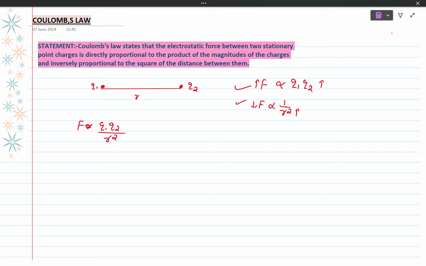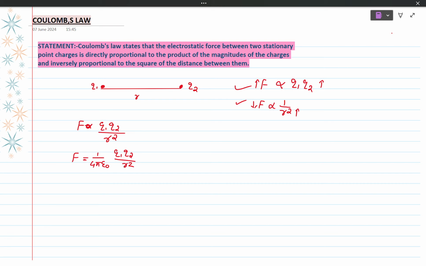And we have to remove this proportionality. For that we have to multiply with a constant. So we remove the proportionality and put an equal sign, and add a constant. The constant is 1 by 4 pi epsilon 0, and the rest we write as such: Q1 Q2 by r square.